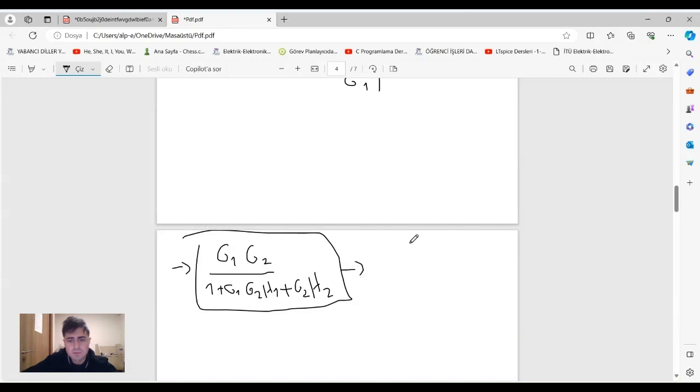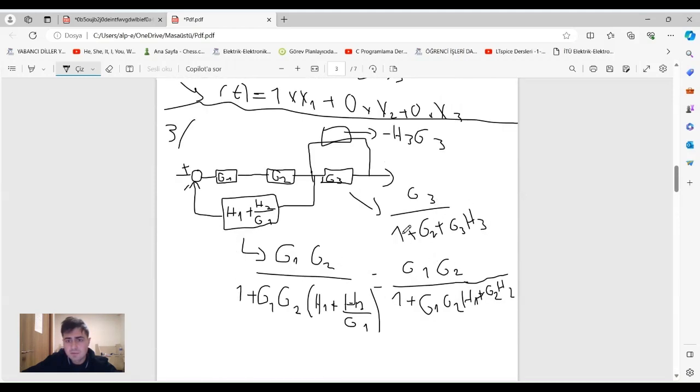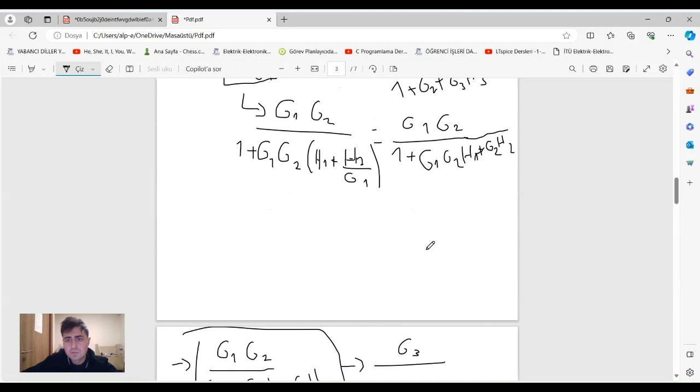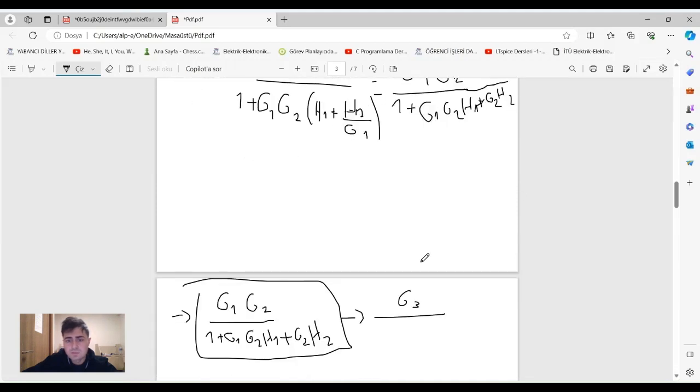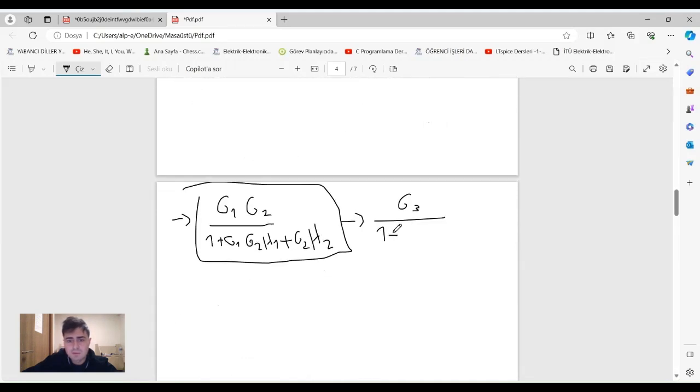Going to the other equation, G3 over 1 plus G2 G3 plus H3.